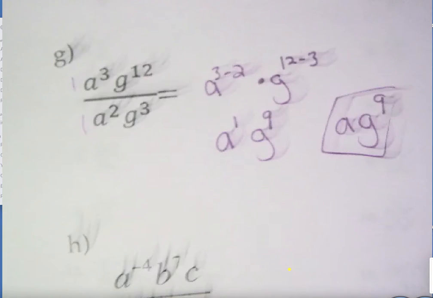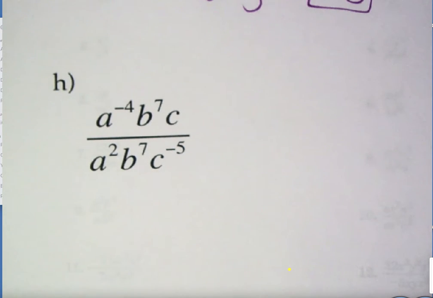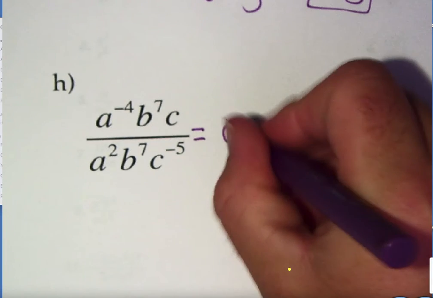One more, then I'm going to set you off to practice a little bit. So go ahead. Let's see how you do this one. Pause me. See if you can figure it out. I'm going to get going on it. So we have a's.